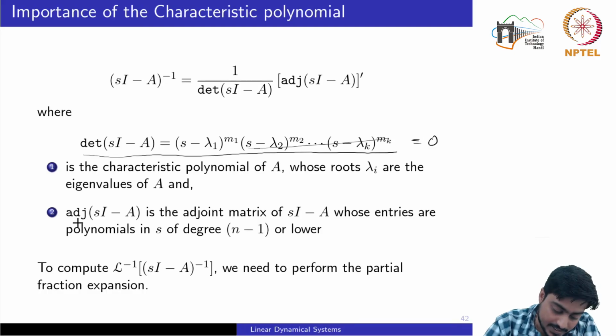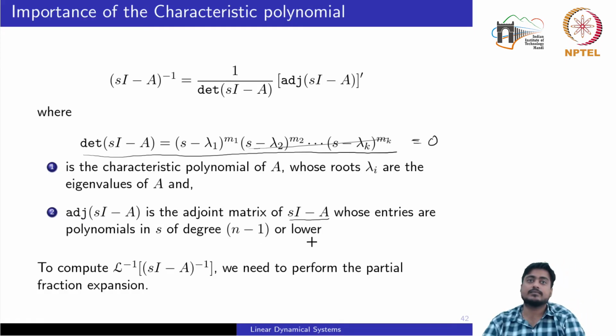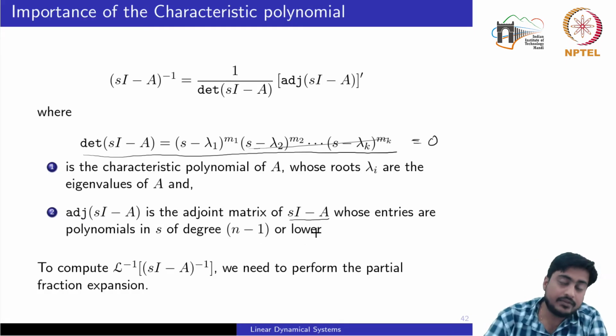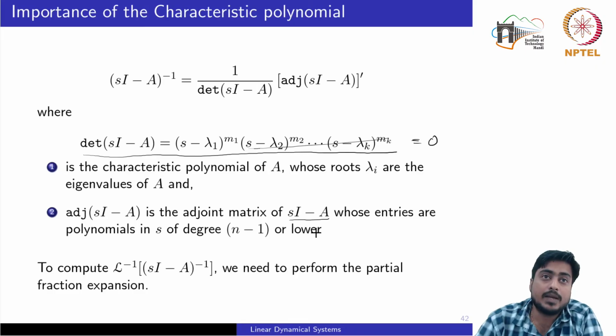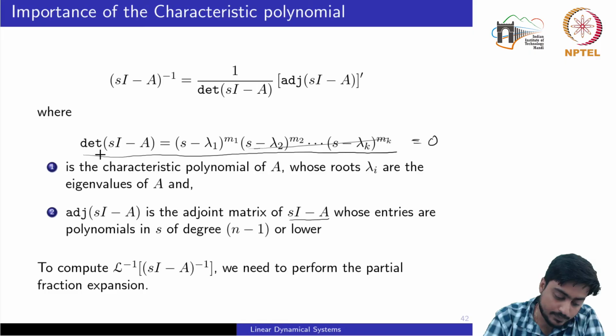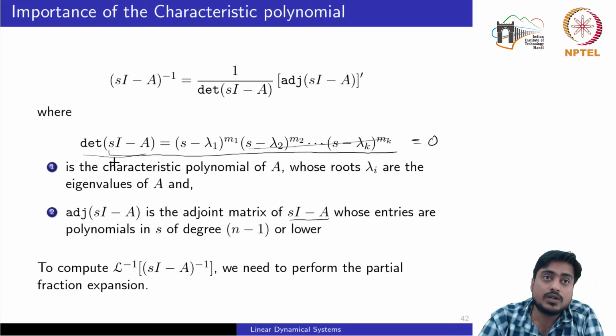Now this adjoint of sI minus A is the adjoint matrix of the matrix sI minus A, whose entries are polynomials in s of degree n minus 1 or lower. So we know that if our A matrix is an n cross n matrix, then the determinant polynomial would have degree n.